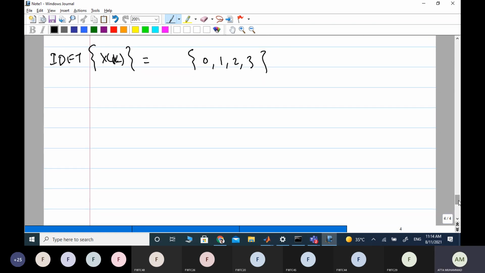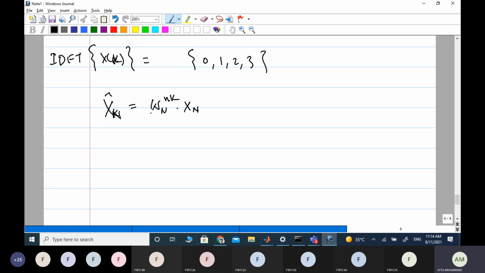Now another way to compute the same DFT is by matrix, right? If you remember, we had W_N^(nk), right? And we wish to compute X of k, or we say X of n, that is equal to this times our time domain signal.